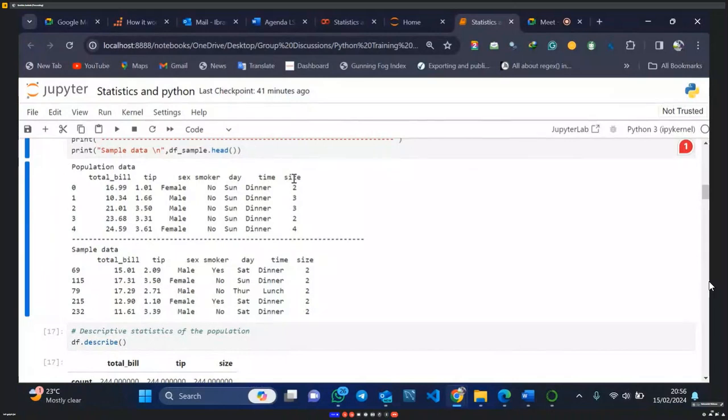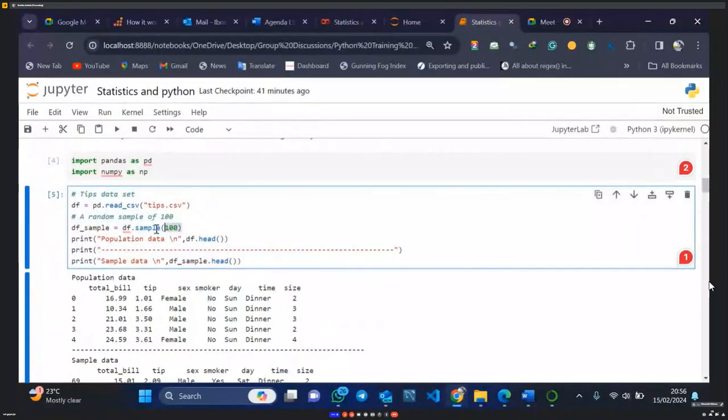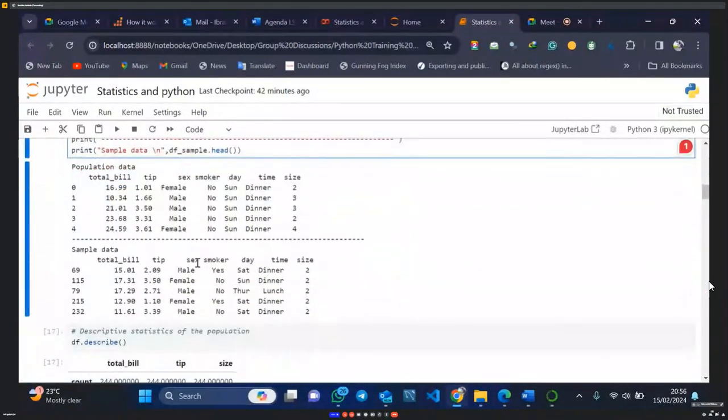Then you have size. From the sample data, what the sample has been able to pick, you can see here you have numbers like 1 up to, I've not looked at the data, I don't know where it ends, but it seems like it's more than 232. So this function here that picks a sample of 100 has given us this data.